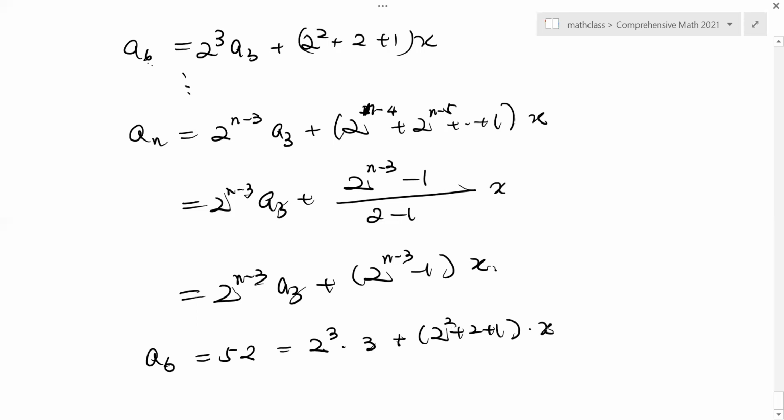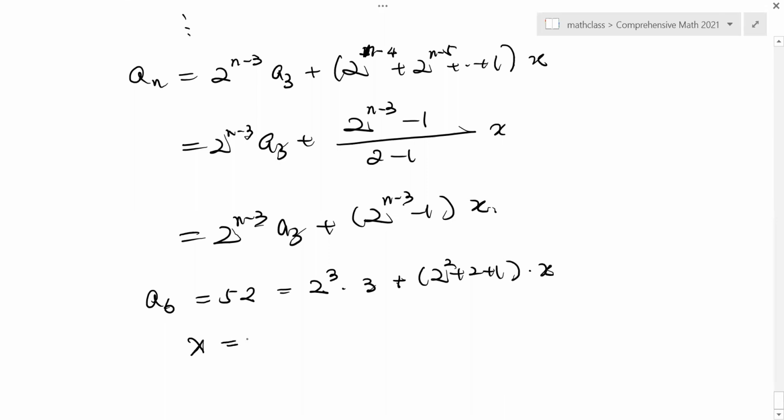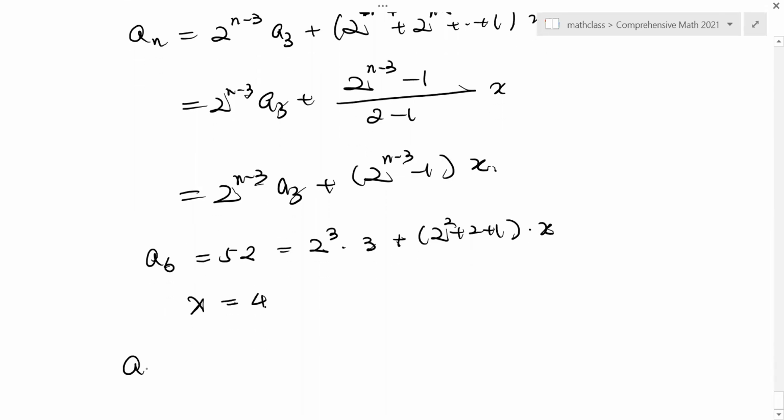And I'm done. From here, you get x equals 4. Once x equals 4, then you can get the general formula: 2 to the n minus 3, and we know A3 is 3, and then x is 4. So you get the nth term formula.